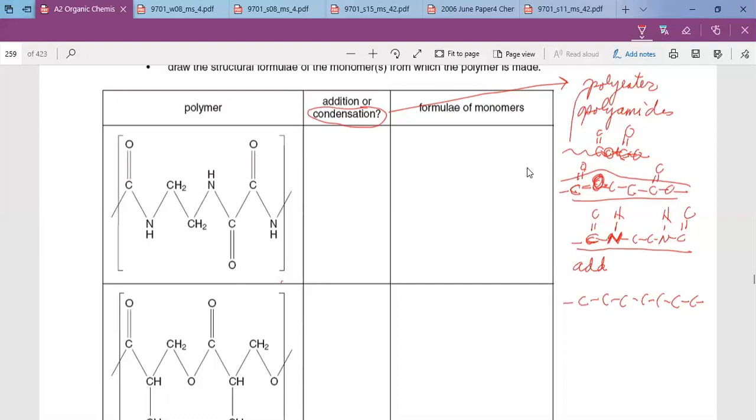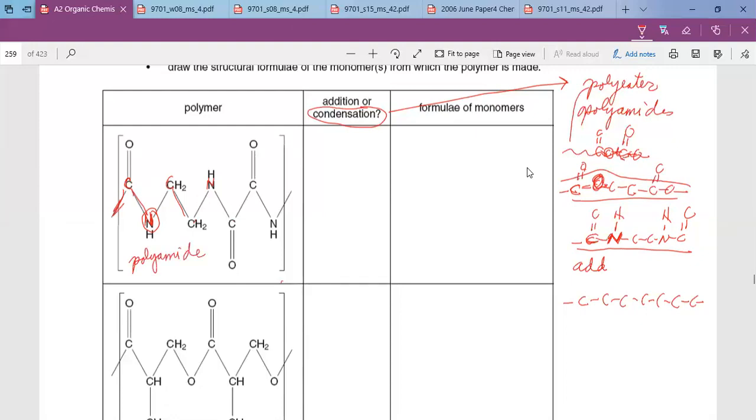All right, here. C, this one to C. N, not C, N here. This must be an amide, isn't it? Polyamide. To C, C, N, C. That means this must be condensation, must be a polyamide.